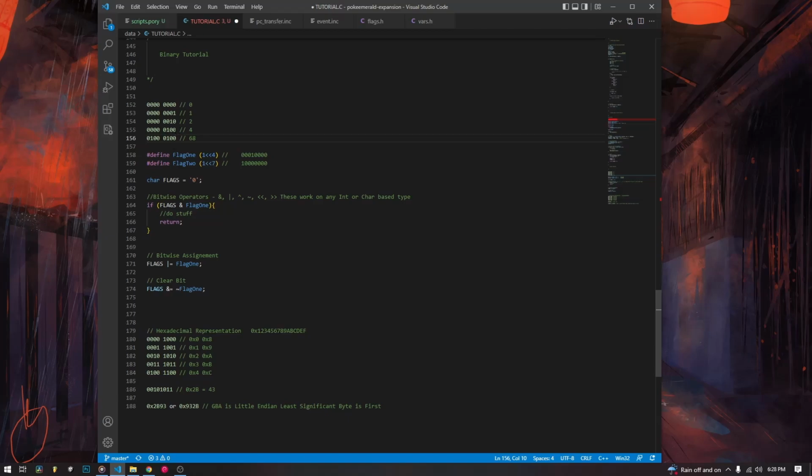So the and of 4 and 68 ends up just being 4, because that's the only bit they share. They both have to be on for and. If one is on and the other is off, it doesn't fall through.